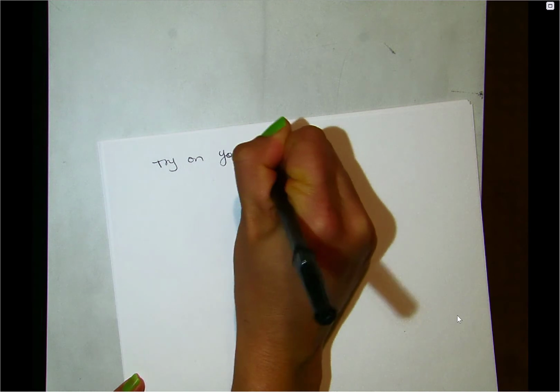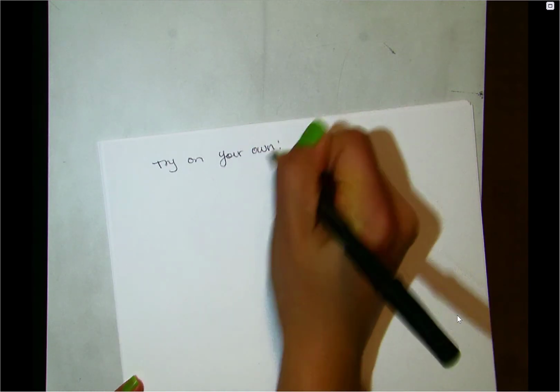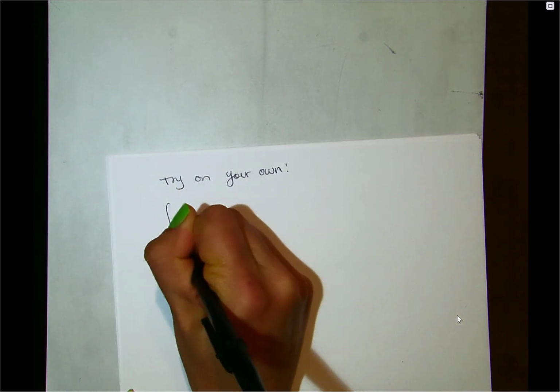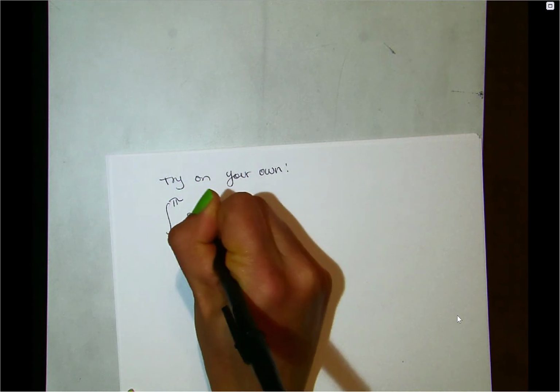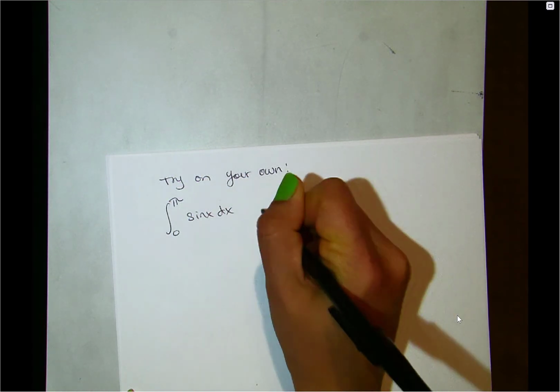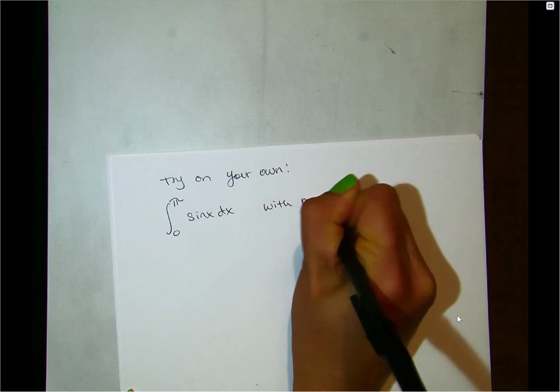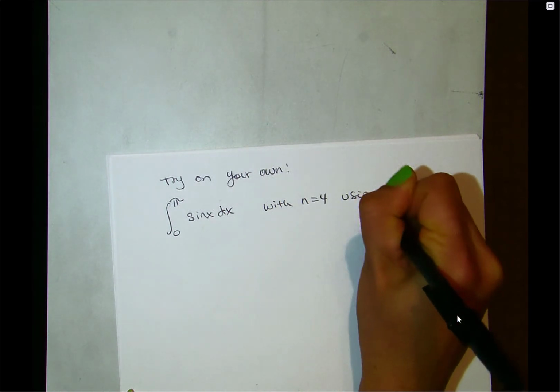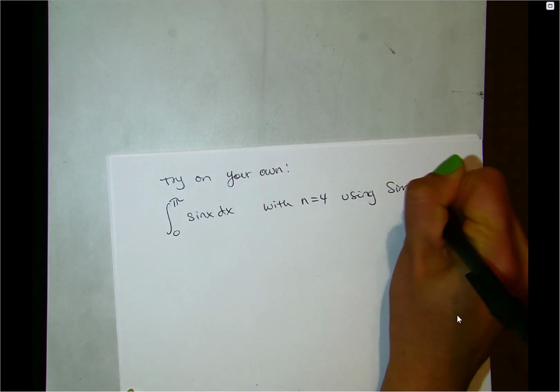Alright, and I would encourage you to do a problem on your own. You can try the same one from the trapezoid rule. So the integral was from 0 to pi of sine x dx with n equals 4 using Simpson's rule.